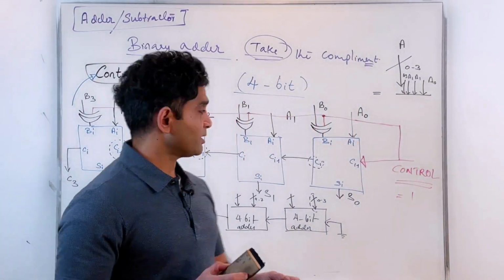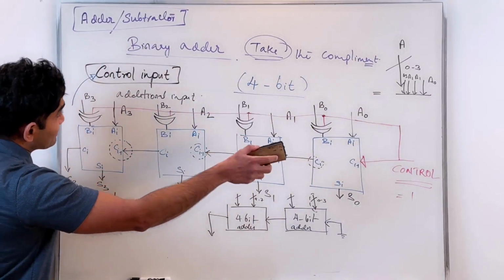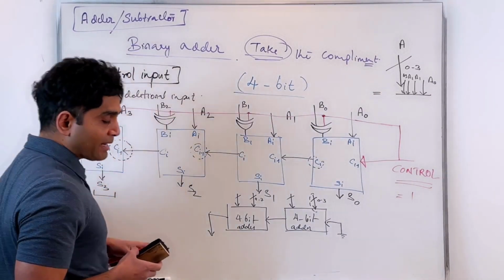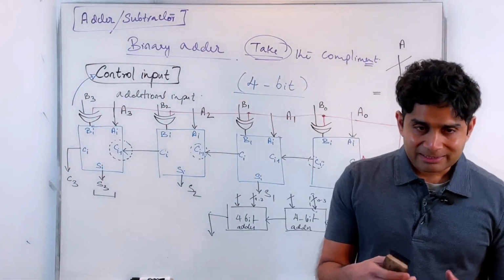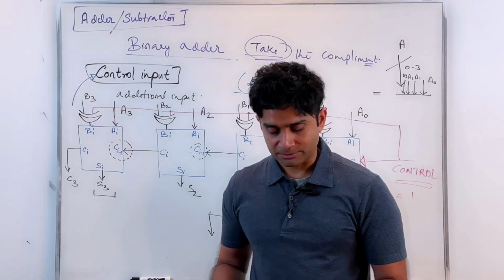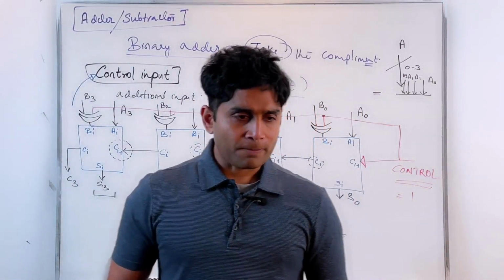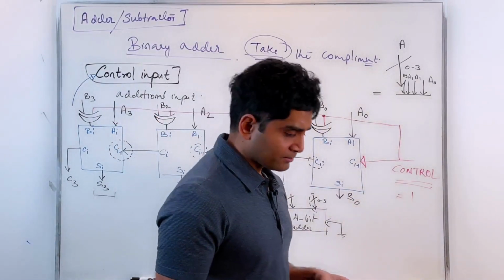Okay, so that's good. Now we have done the binary adder that can take two binary numbers together. They can add and provide me with an answer, which is a binary answer, right? Now, oftentimes, let's say you're trying to design a calculator.